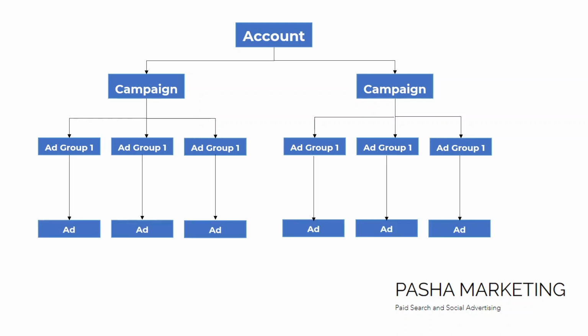In the final layer, you will create an ad for your ad group. Your ad must have a headline and description. You should try to include your keywords in your headline and description. That way, you will have a higher quality score and there is more chance of users clicking on your ad.